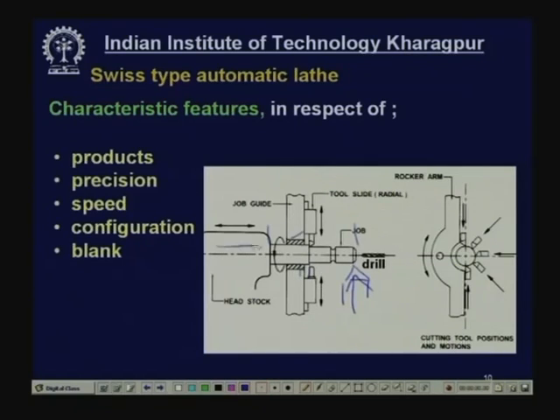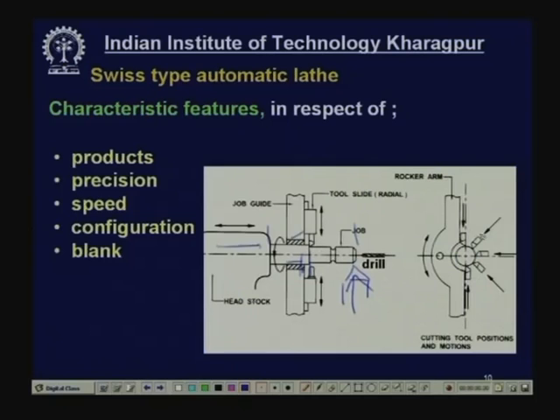So, the headstock will gradually move, which will be equivalent to the feed motion. So, this is the unique characteristic of this. So, tool will be almost stationary, moving radially just after this tool job guide, and the job will be moving through that. So that whatever will be the length of the job, the overhang or the bending moment will be very small.